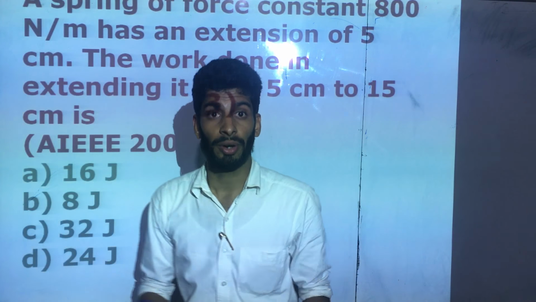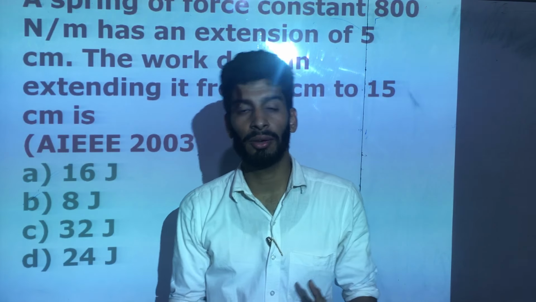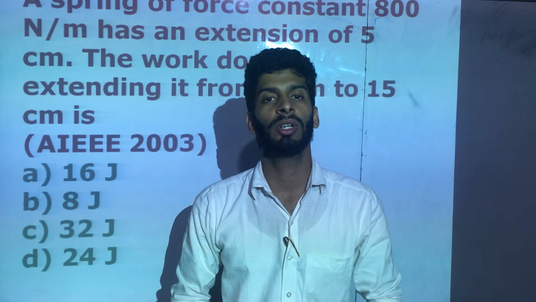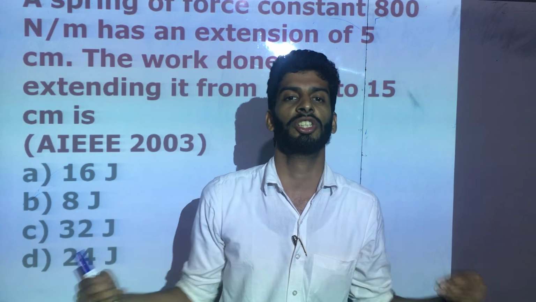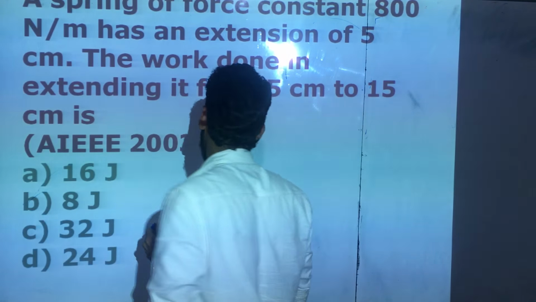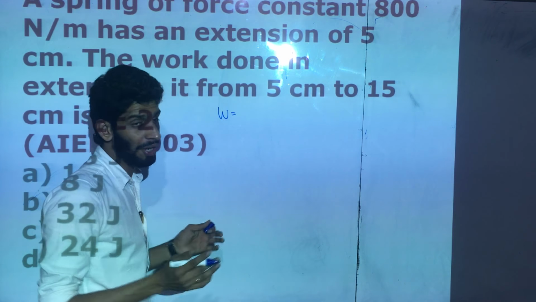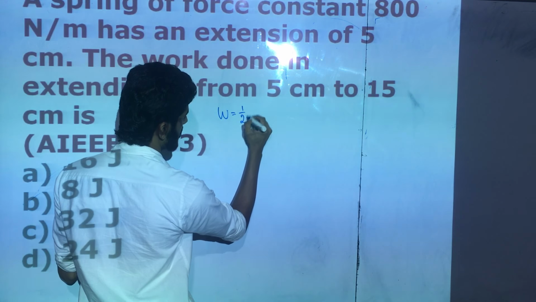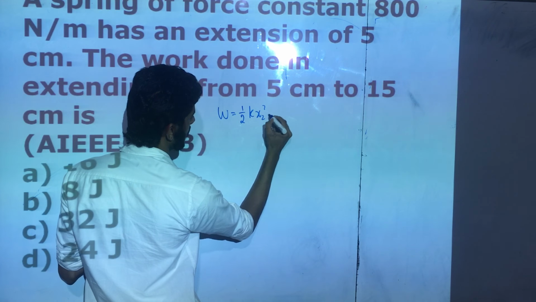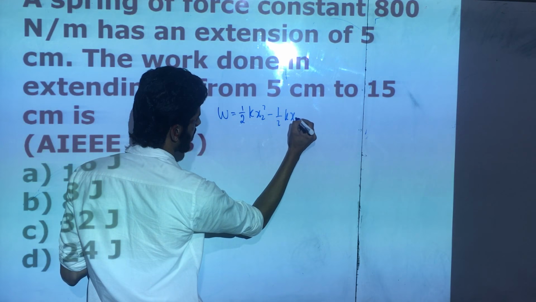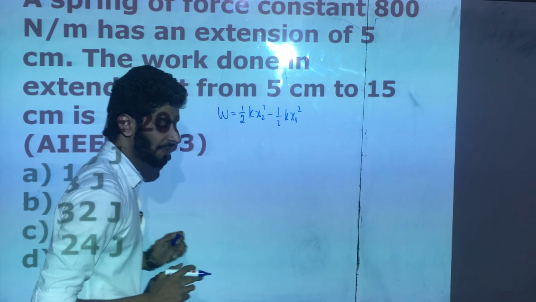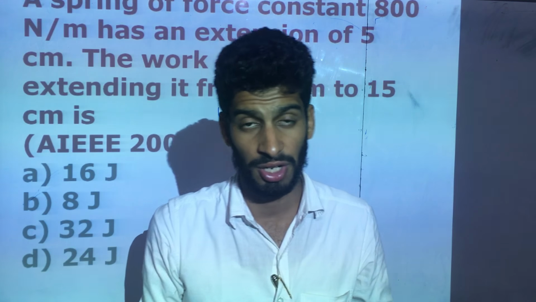By the work-energy theorem, the work done by the force is exactly equal to the change in energy. Since it's a case of a spring, the work done by the spring force, or restoring force, is the change in potential energy, where half k x square is the potential energy.